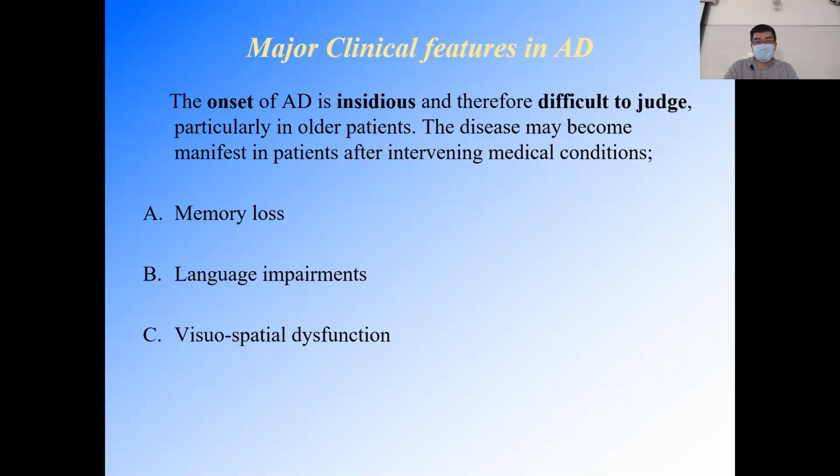For example, the patient will be less likely to expose himself or herself to new things, and their mood might change, and so on. Those are characteristics that are very difficult to judge, particularly in older patients, because when people get old, they get forgetful, forget the key and so on.